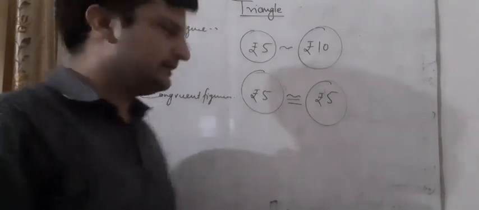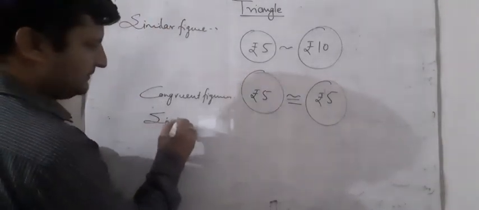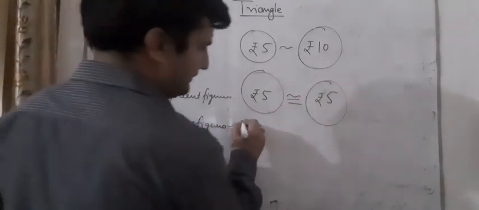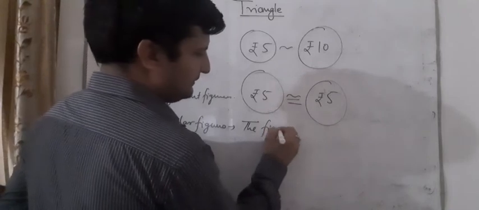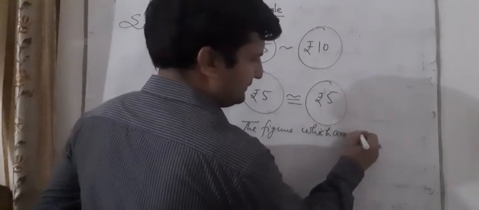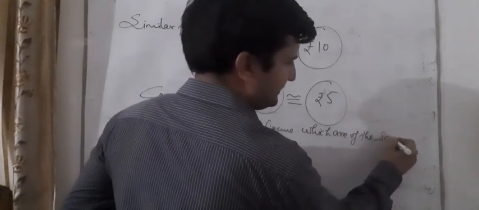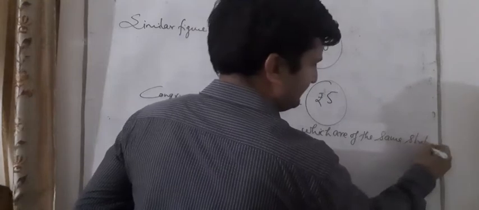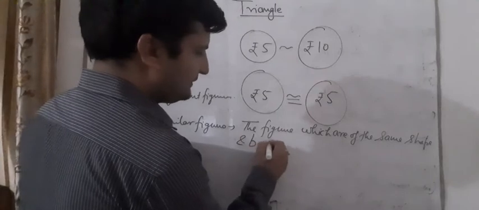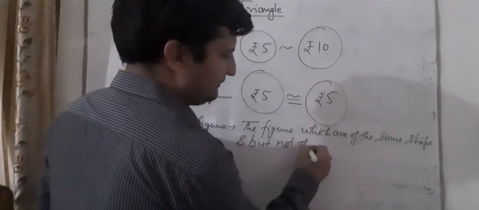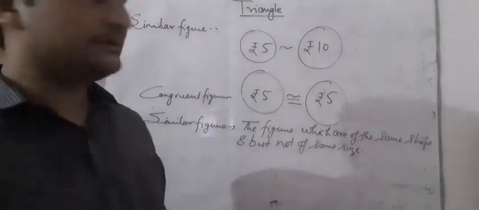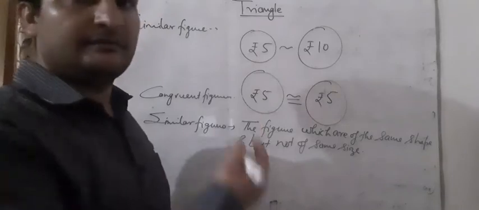So students, you can write: similar figures means the figures which are of the same shape but not of the same size. These types of figures, students, are called similar figures, and the sign of these types of figures is this one only.